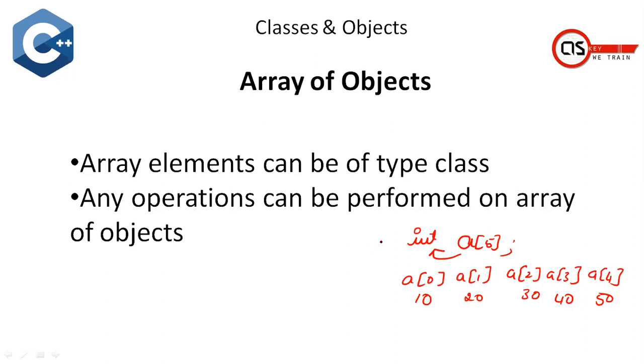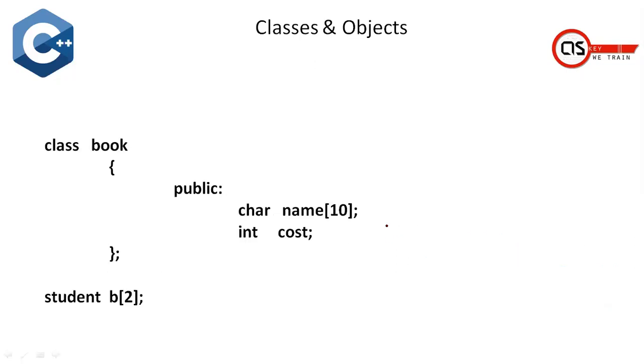We will run the program and see how it is going to execute and how you can implement array of objects in our program. So here is a simple example which I have taken. I have created a class called book. Now, I would like to read a name of a book.